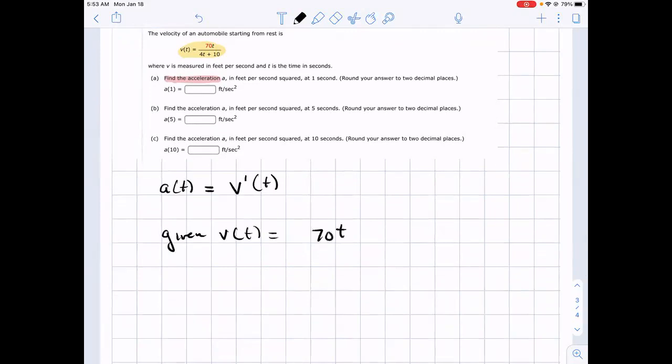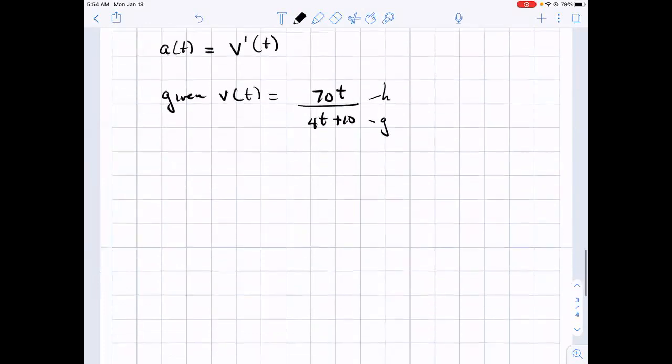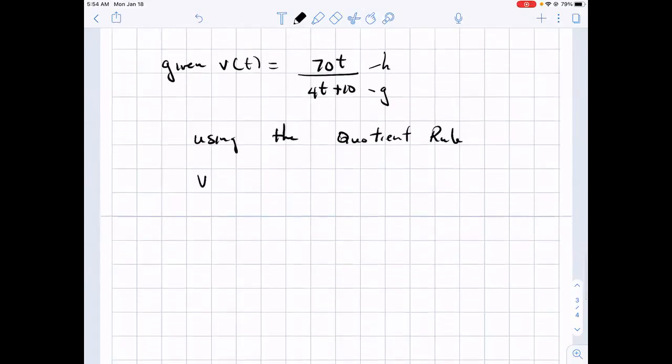So v of t, given to you, is equal to 70t over 4t plus 10. So this is a quotient. We'll use the quotient rule. Let's call this h. Let's call this g. So using the quotient rule, v prime of t will be, the denominator will be g squared, and g times h prime minus h times g prime.